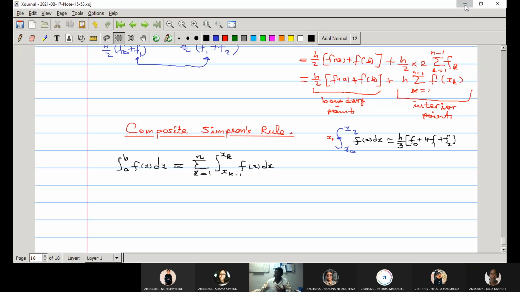Break it the way I explained. We break that, but we make sure that when we apply the rule to a sub-interval, that sub-interval has two parts, right? Because for a given sub-interval, I take the midpoint there so that I have two sub-intervals. I hope it is clear now.